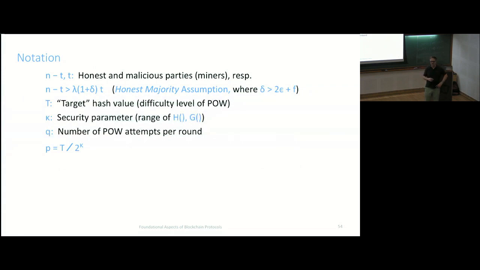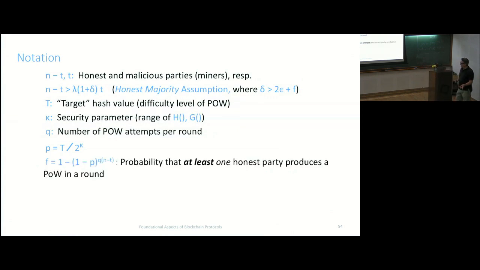That's why this event is important. We're going to compare this event, just one guy getting lucky, with the probability of the adversary getting lucky. As long as we can guarantee that the expected value of this event is bigger than the expected value of the adversary's event, the whole thing is going to work.